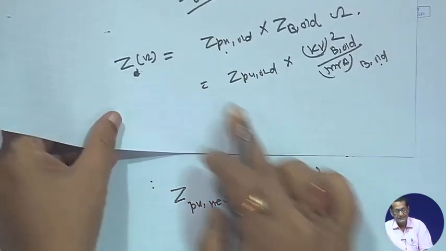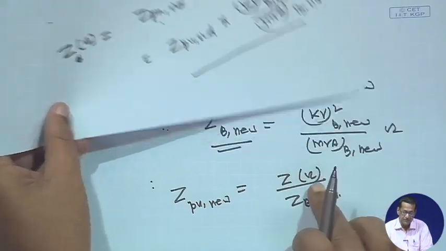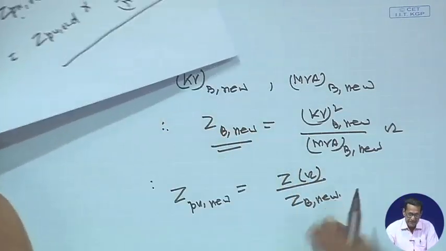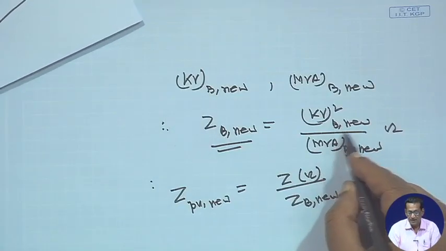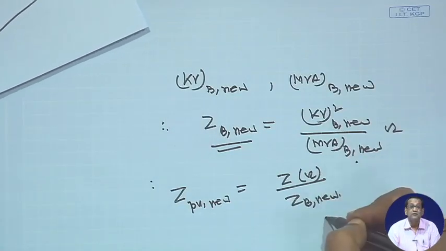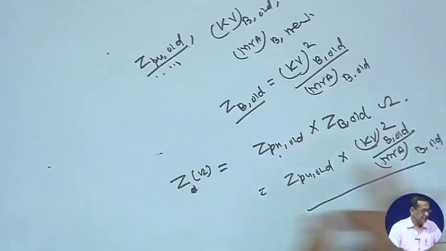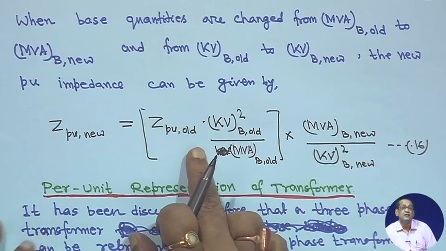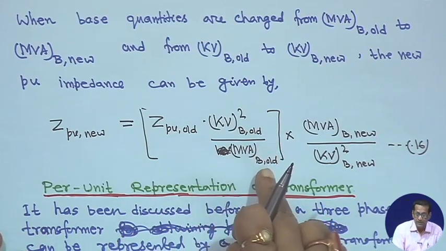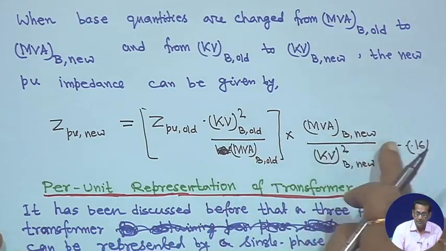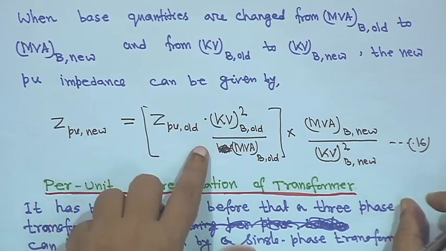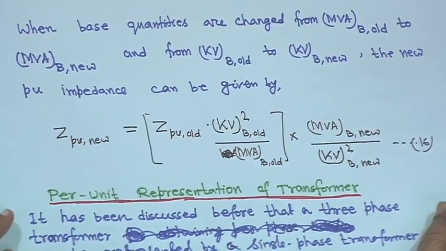Now, this Z ohmic value is this one, you substitute here, and this Z base new is KV square base new by MVA base new, you substitute here. Then you will get this expression, that Z per unit new is equal to Z per unit old into KV square base old upon MVA base old into MVA base new upon KV square base new, right. This is equation 16.